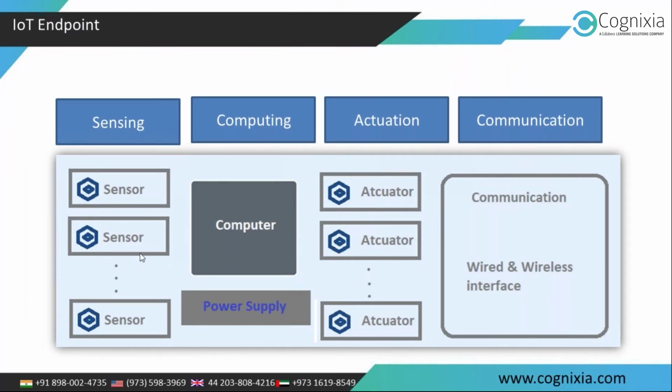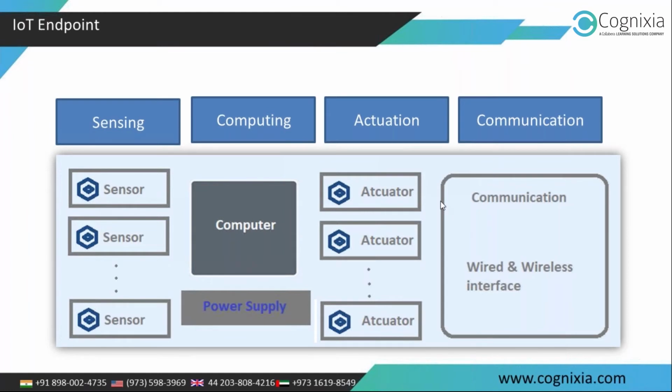Okay, and then we have the fourth type of components called communication interfaces. A communication interface can be a wired interface or a wireless interface, and we have an array of options over here. Okay, so these are the four essential components you would find embedded in a larger system to turn it into an IoT endpoint.